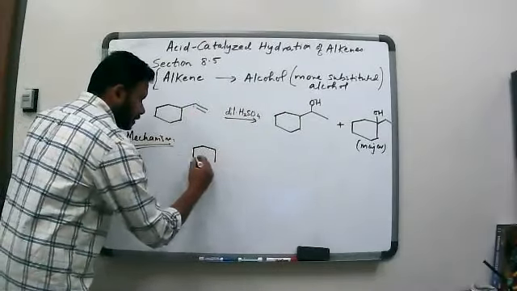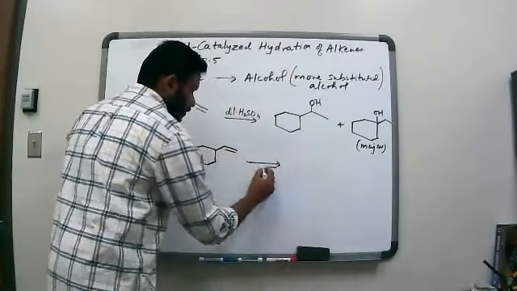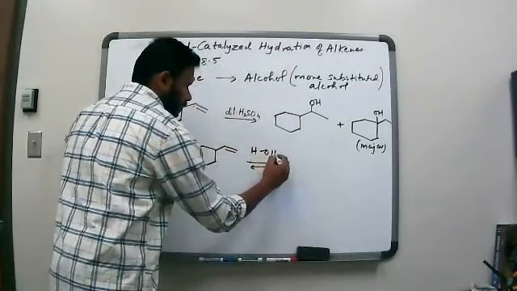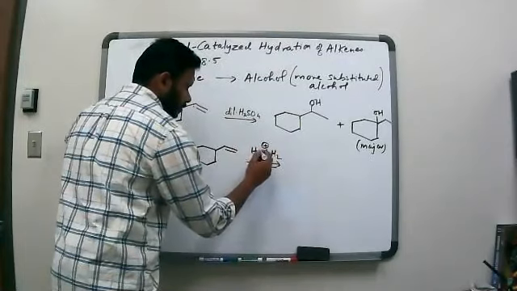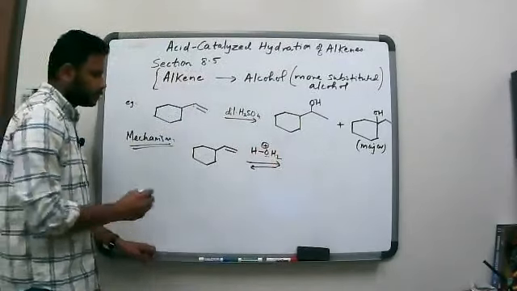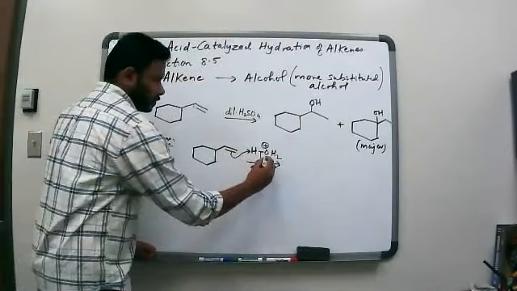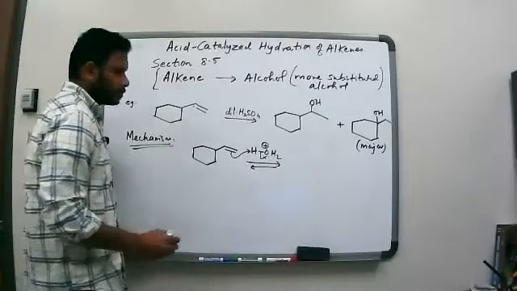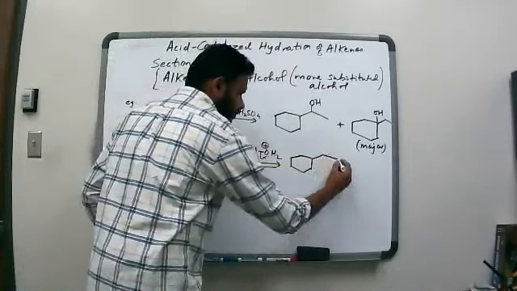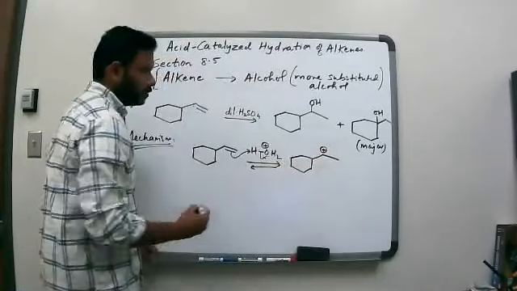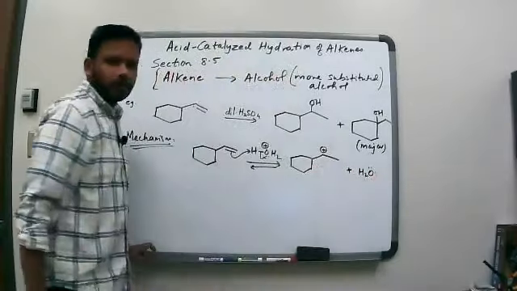So if we start with this alkene, reversible reaction, reacts with a hydronium ion, the pi bond attacks, electrons go to that oxygen, so that would give us a carbocation, plus it's going to give us a water molecule.